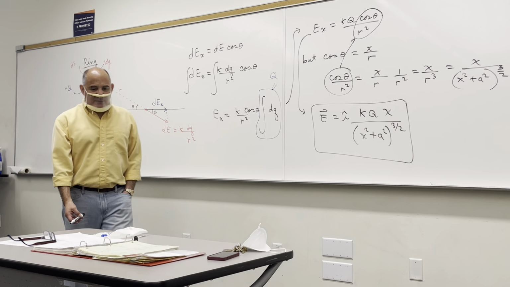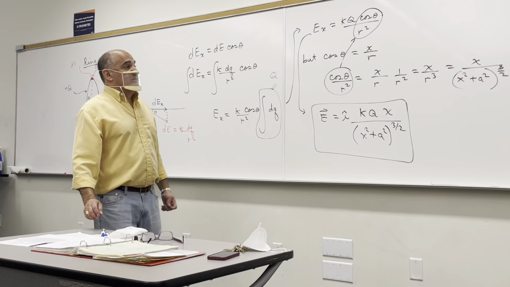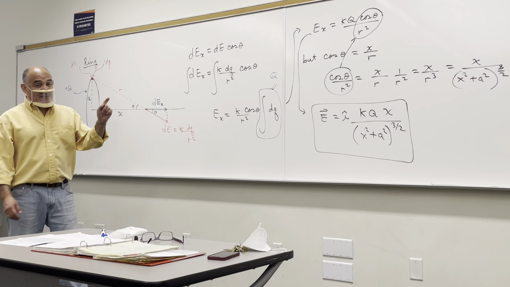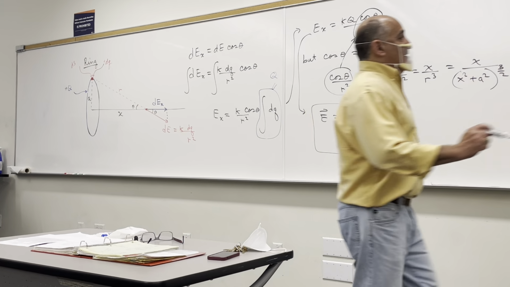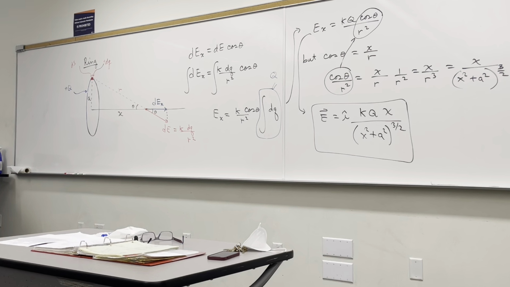Okay, so here's another way to do the problem of the disk. I want to use that answer. So I'm just going to copy down this answer over here. So I know that if I have a ring of radius A, and I want to go at this x on the axis, right?